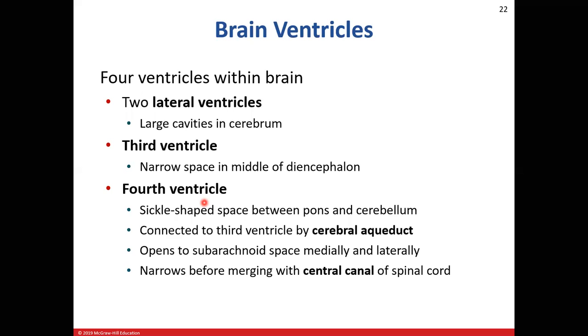It's connected to the third ventricle by a structure known as the cerebral aqueduct. Now, the fourth ventricle opens to the subarachnoid space both medially and laterally, and we will talk about what this actually means later in this chapter. It's going to narrow before merging then with the central canal of the spinal cord.